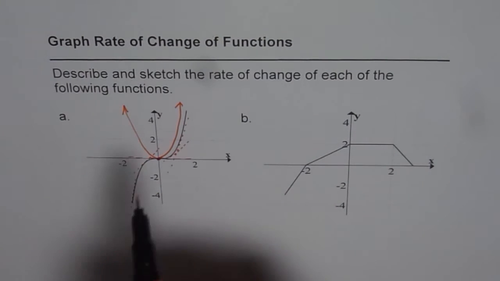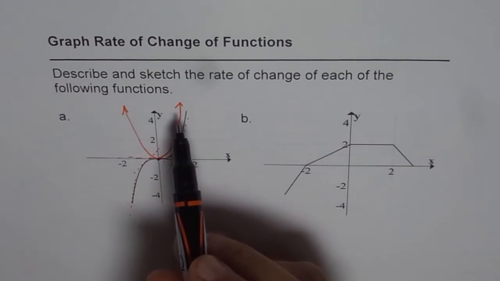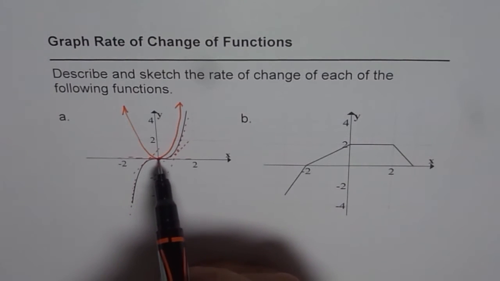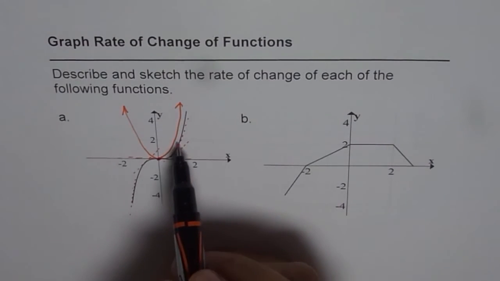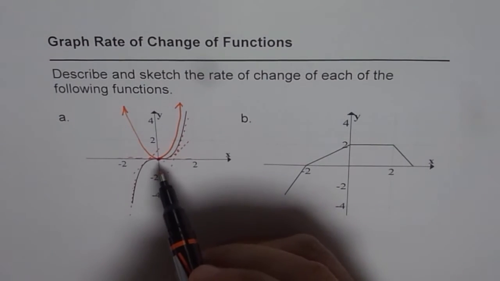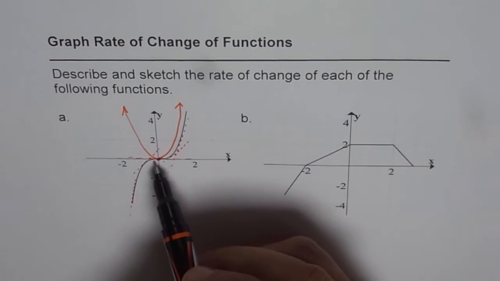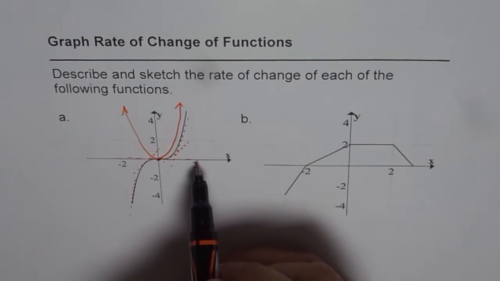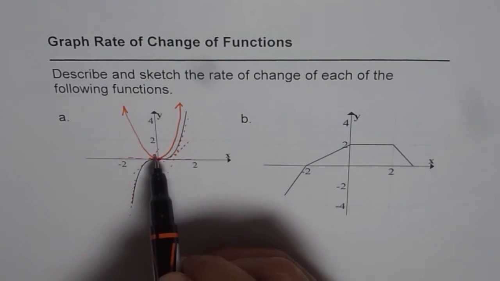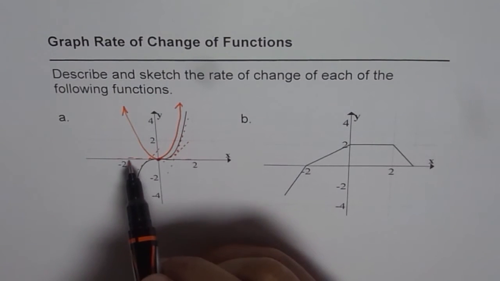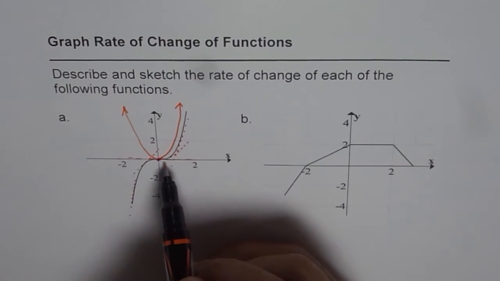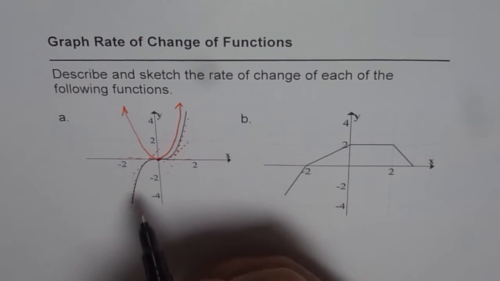So the reasoning behind this parabola is that at origin, slope of the tangent is 0, so it goes through the 0, and from the symmetry we can see that as we move away from origin, slope of the tangent increases both sides, correct? And from the symmetry we can sketch a parabola.